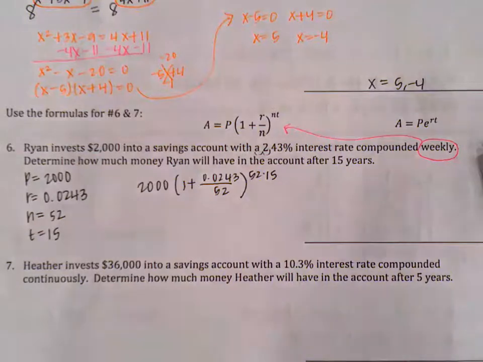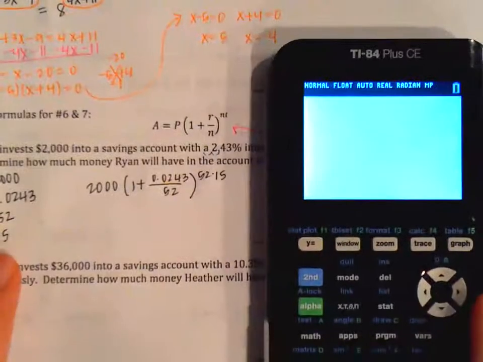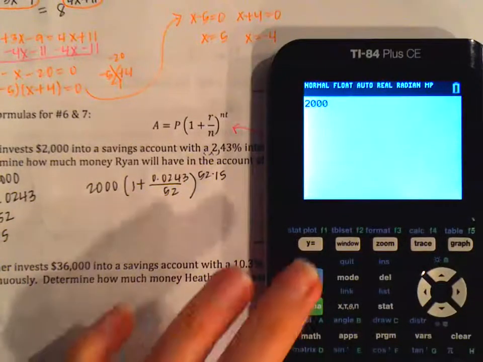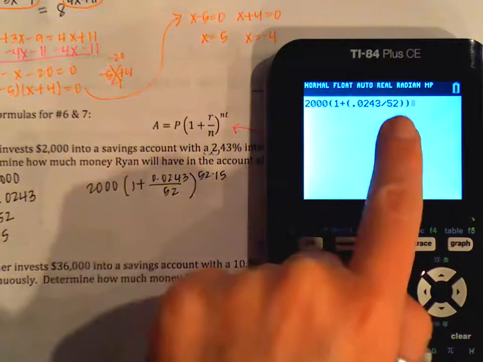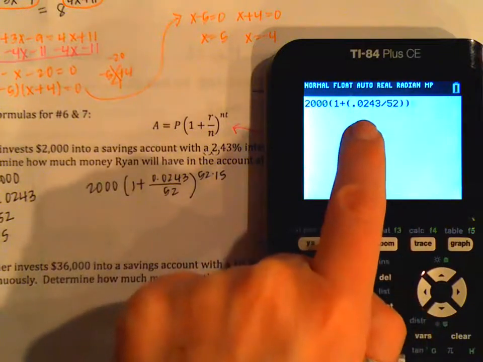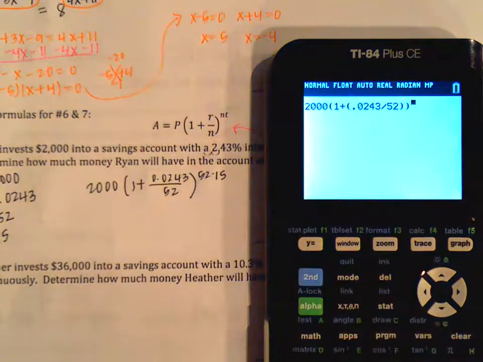So I'm going to do that whole thing in my calculator, and I'm going to show you guys how I do that. So it'd be 2,000 times, so I'm going to start my parentheses, 1 plus, and I'm going to put parentheses around 0.0243 divided by 52. Now I'm ending the parentheses. The first one is to end it on the division, and then the second one is to end it on the whole thing. Raise it to. Now I'm going to put parentheses around my whole exponent, 52 times 15.